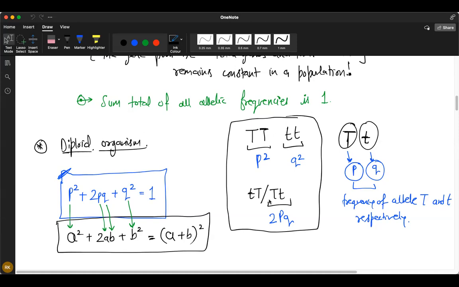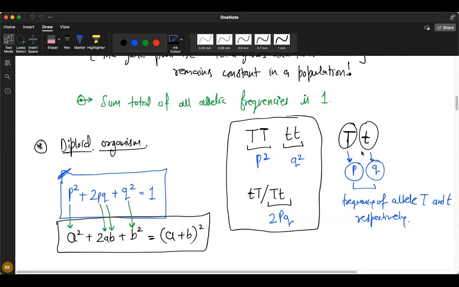Now, in what frequency can they be present or be seen? Let's say the frequency of capital T is given by P. You can take any alphabet you can assign as a frequency.